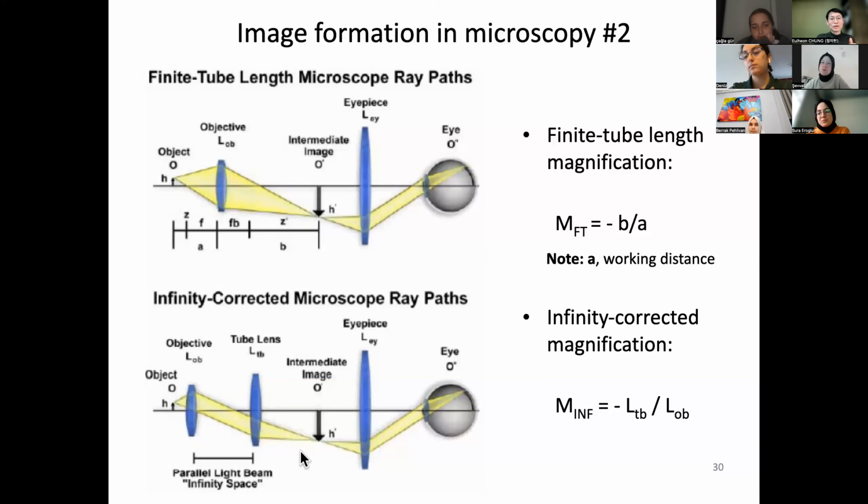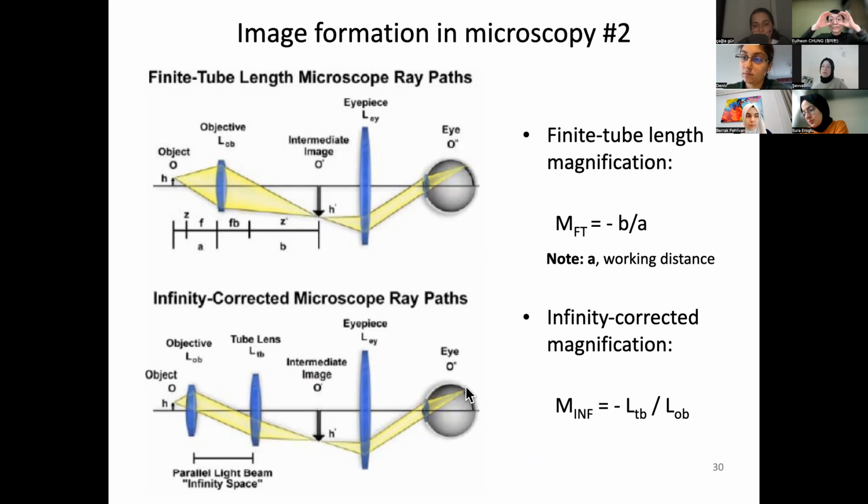A modern microscope usually uses at least two lenses: we call one the objective lens, and because there's a tube here, we call the other the tube lens. Because of the focus, the rays will be parallel in between, and they focus down to form an image we call the intermediate image, and then you have an eyepiece, and your eye looks at that. So now it flips again, so you are looking at the object upright.